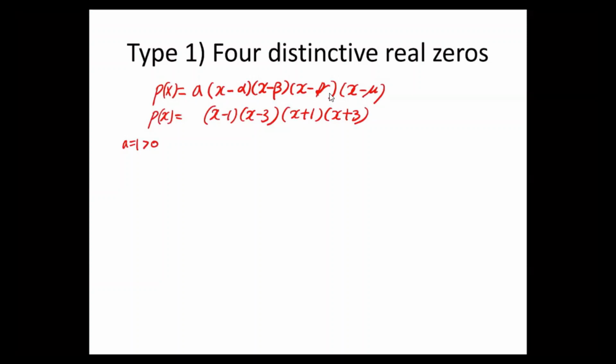So guys, now let me ask a question. If you have a, which is 1, which is greater than 0, what do you think will happen with the graph in general? Well, let me remind you of the parent function of your quartic equation. y equals x to the power of 4.